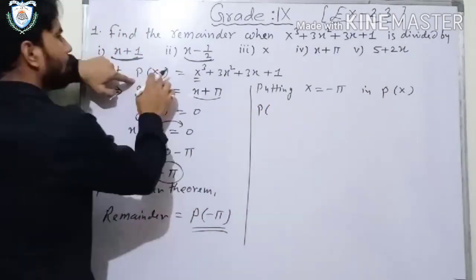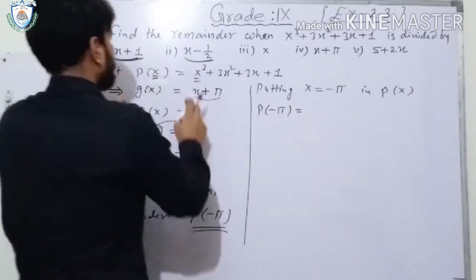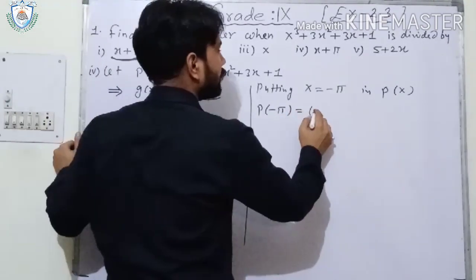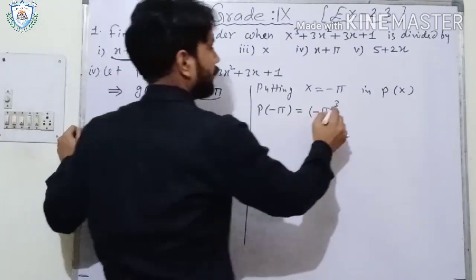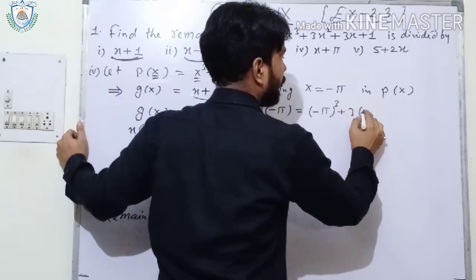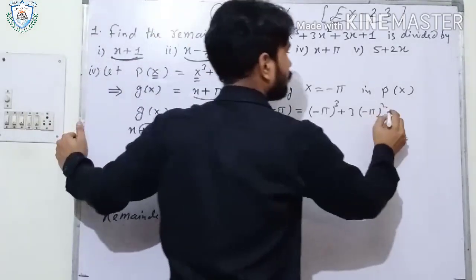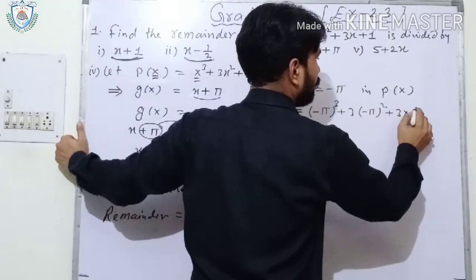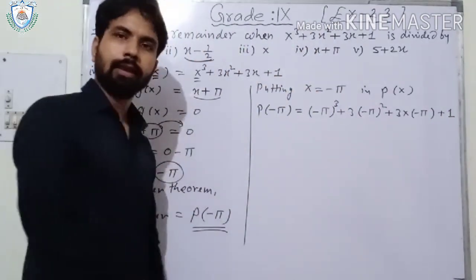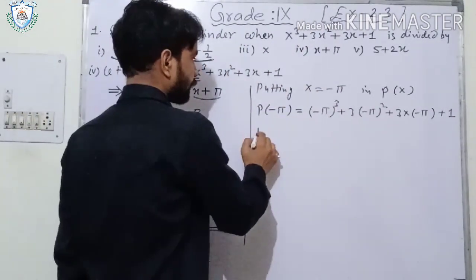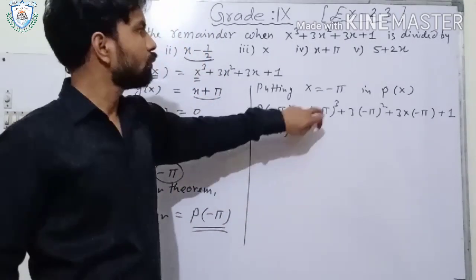In place of x we put minus pi: P of minus pi equals x cube, x is minus pi to the power 3, plus 3x square, so plus 3 into minus pi square, plus 3x, so plus 3 into x, which is minus pi, plus 1.